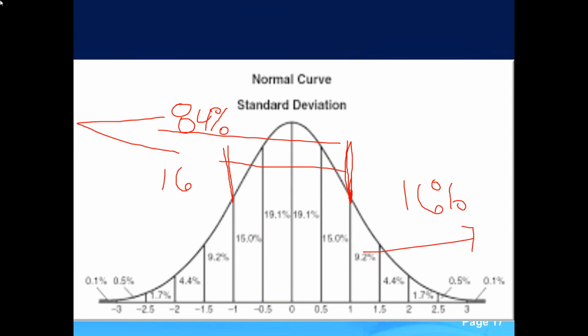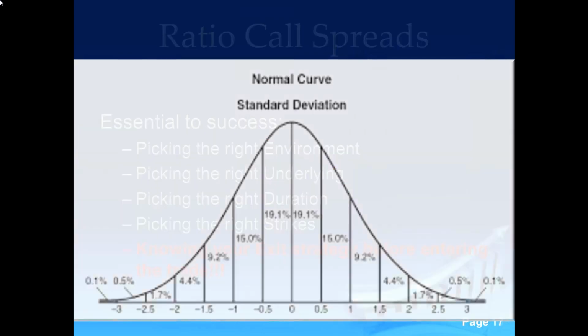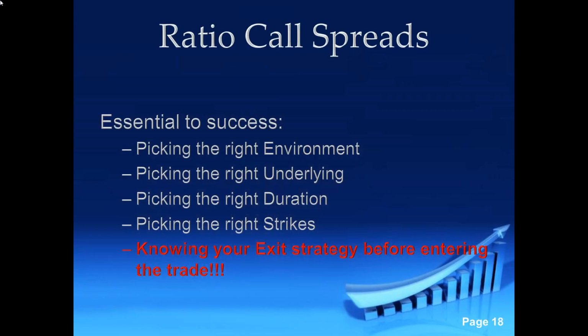All right. And most importantly is, what do we do about our exit? How do we know when our exit is? Well, one of the things that I've mentioned with this is when you go through my essentials to success for a particular underlying and you finally come up to the point where you're saying this ratio call spread is perfect for this underlying, or I think this is the right setup and everything else is working according to these rules, we have to know our exit strategy before entering the trade.